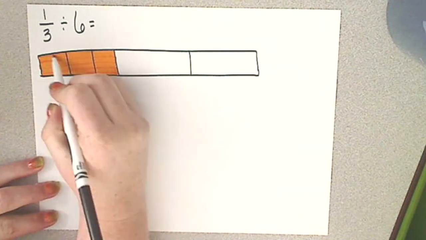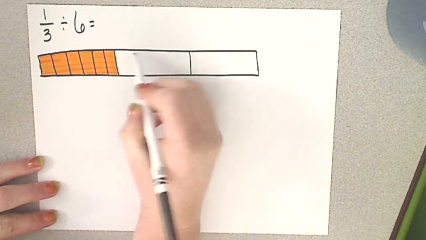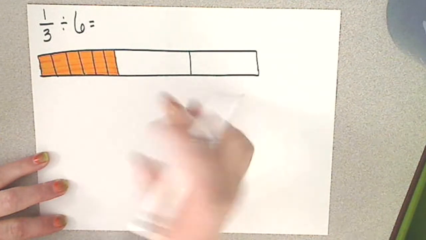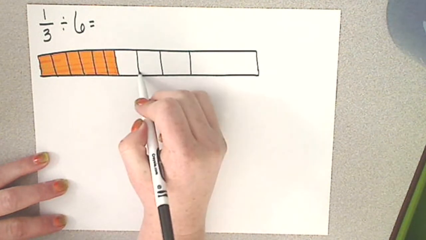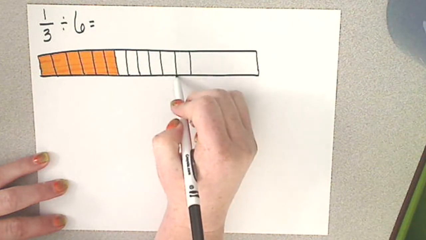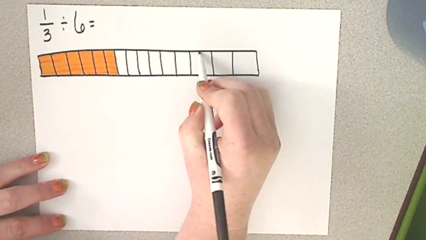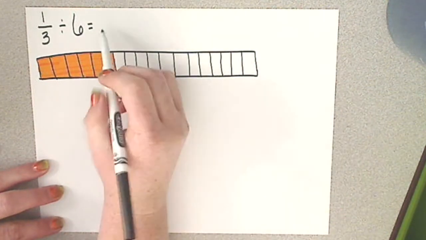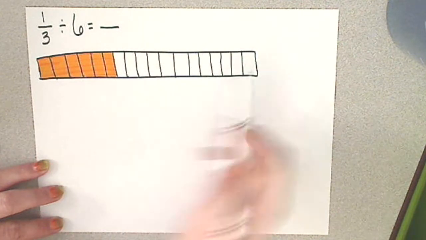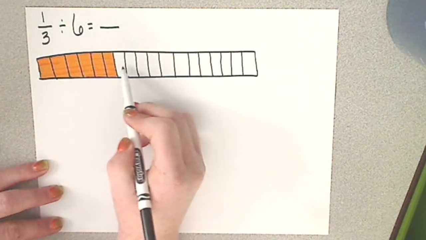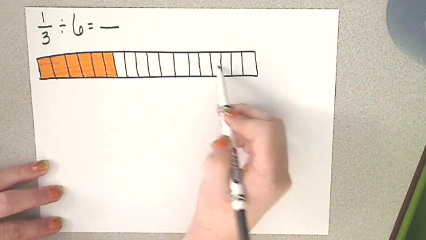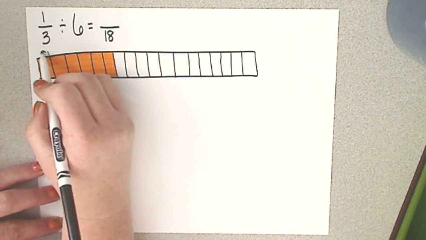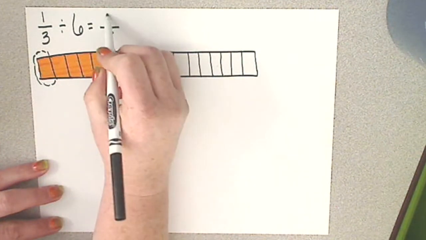So there's 1/3 and 6. So I've split my shaded region. Now I have to split my non-shaded regions. 1/3 and 6. 1/3 and 6. Awesome. Now I need to determine how many pieces do I have in all now. 1, 2, 3, 4, 5, 6, 7, 8, 9, 10, 11, 12, 13, 14, 15, 16, 17, 18. I now have 18 pieces in all, and I just need to know one of them.